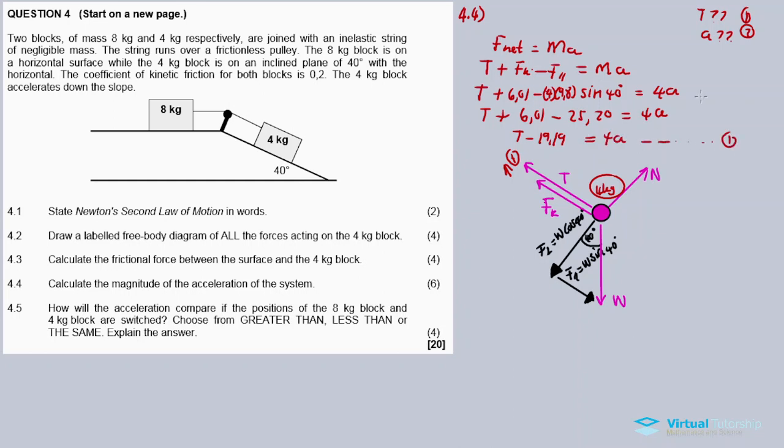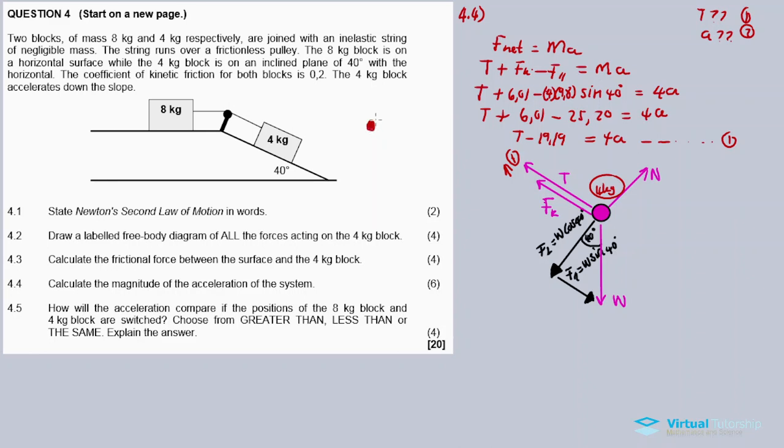Now for equation 2, we will get it by using the 8 kilogram block. Alright, now for 8 kilogram, in order to set up the second equation, you need the free body diagram for the 8 kilogram block, right? So this is the free body diagram.